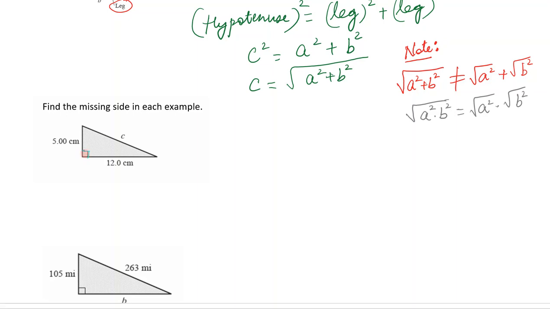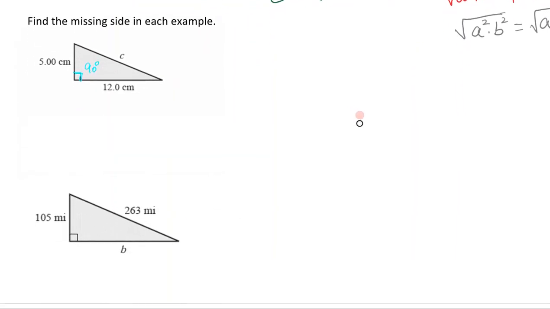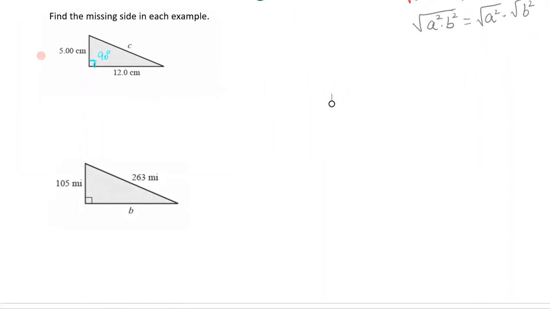This triangle has a 90-degree angle, so it is a right-angled triangle, which means we can use Pythagoras theorem for this one. Let's call the smaller sides that enclose the 90-degree angle A and B, and our goal is to find the third side, which is our longest side, which is missing.